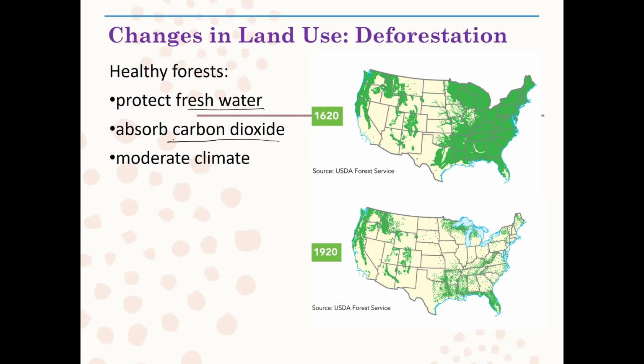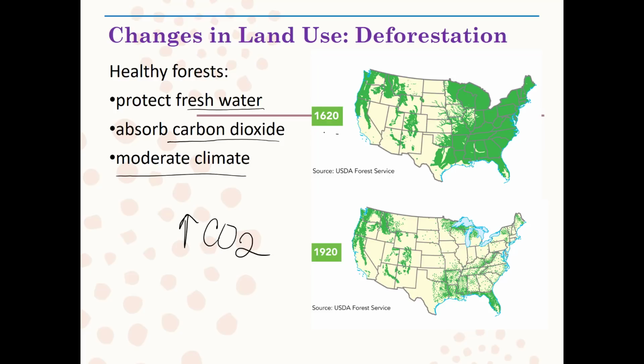So they actually help decrease the amount of carbon dioxide in our atmosphere. So the more trees we cut down, the bigger increase of CO2 we see. Okay, so deforestation really ends up causing our CO2 numbers to continue to rise instead of helping maybe take them down a little bit. Trees also help moderate the climate. So the more trees we take down, then the larger climate change we may see.